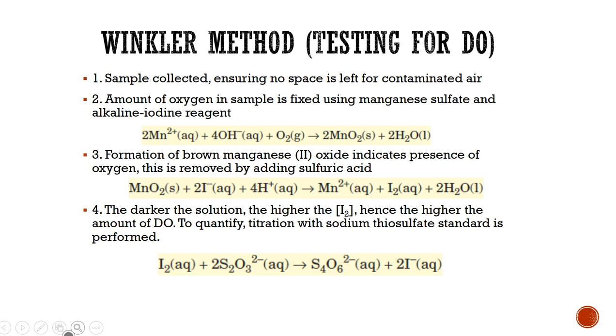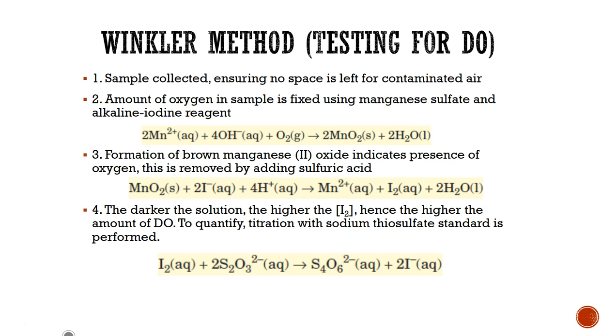So then what happens there is the MnO2 is treated with sulfuric acid and iodide, and what happens is another redox reaction where we end up with Mn2+ being formed again. So Mn is in a +4 state on the left hand side and +2 on the right hand side.